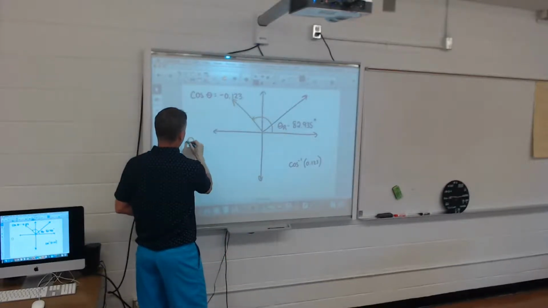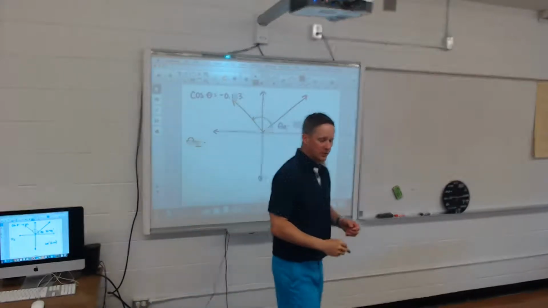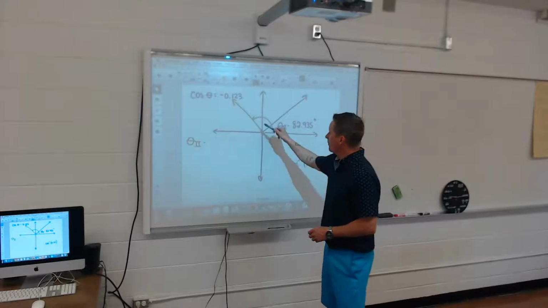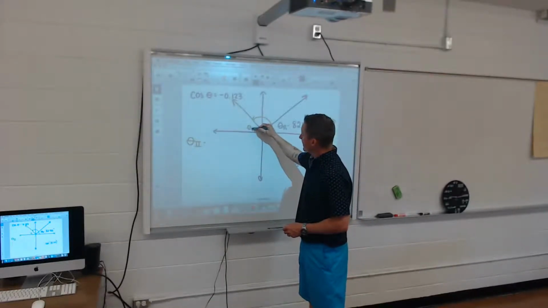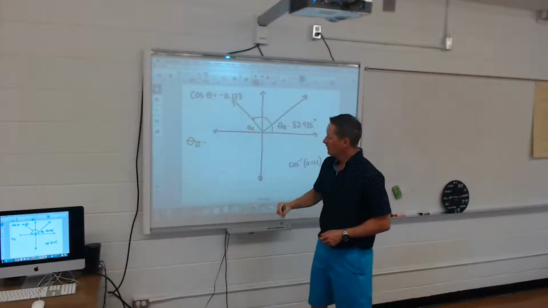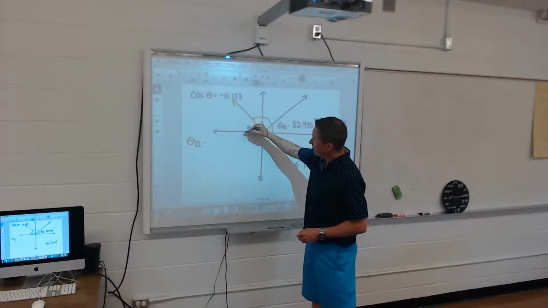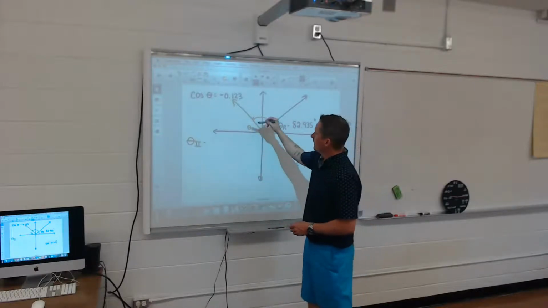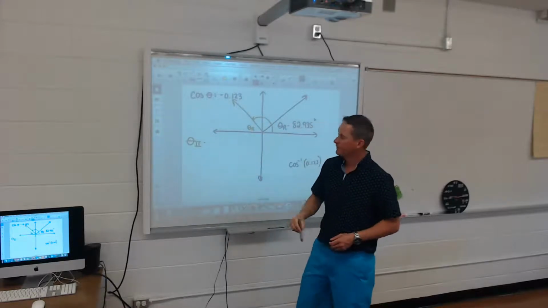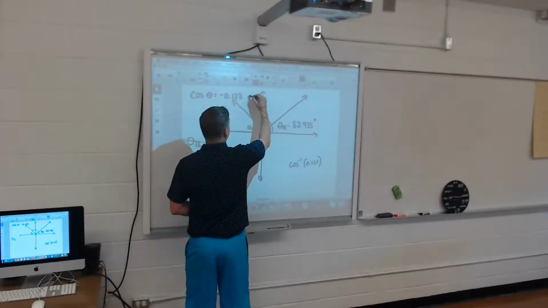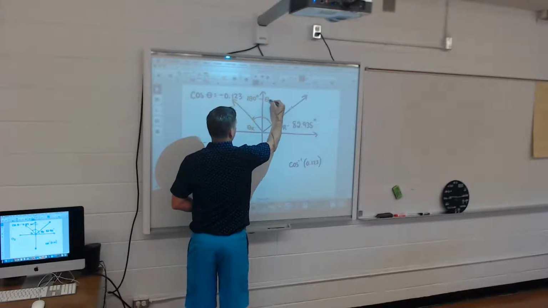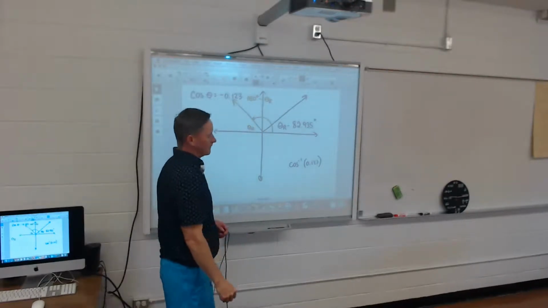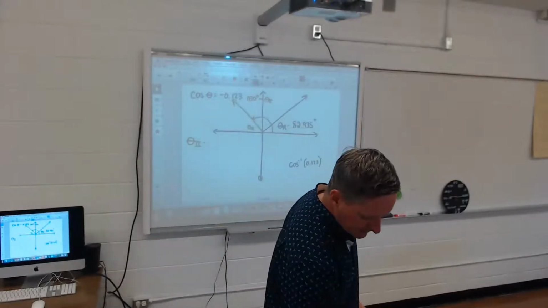I write theta 2, quadrant 2, just to show that it's in quadrant 2. Because I know my reference angle here, and all the way from here to here is 180 degrees, in the second quadrant I find the angle by taking 180 degrees and subtracting my reference angle. So I take 180.